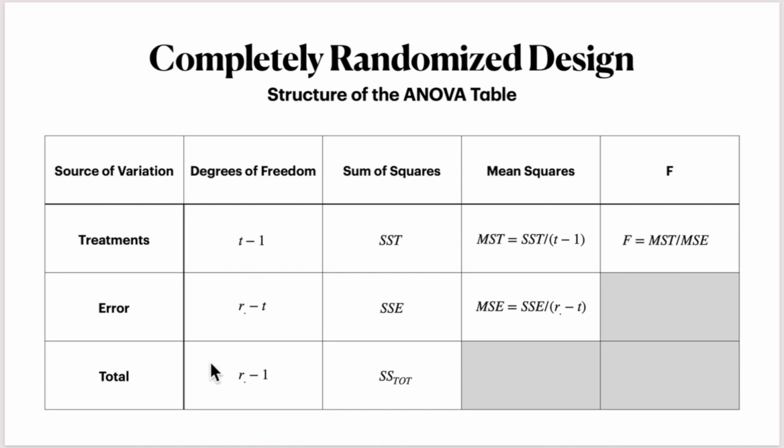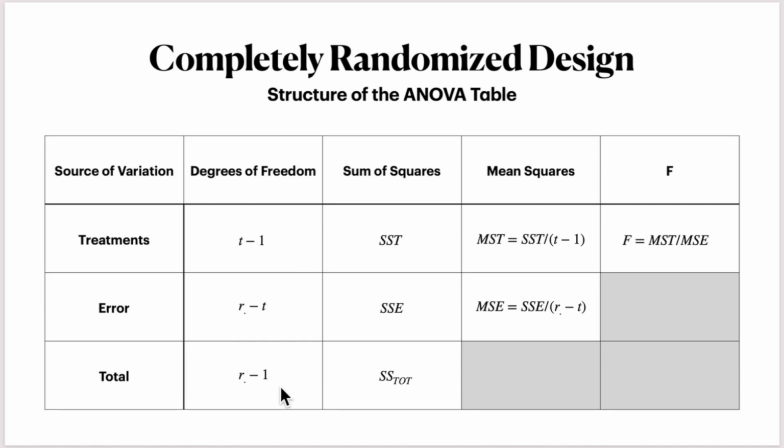The total degrees of freedom associated with the experiment is equal to the total sample size minus 1. Now, the total sample size in this notation that we're starting to use here, and will continue to use throughout the rest of the course, is r dot, right? We're adding up the total number of observations from all of the samples.